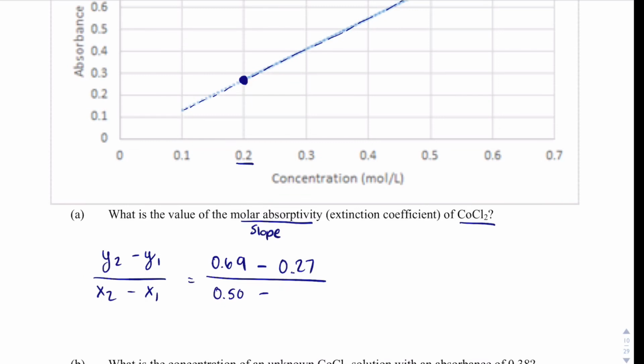And the x value that aligns with 0.27 is 0.2. And I will plug that into my calculator. And I'm going to get 1.4. And here's what's really weird, and I'm not super worried about the units here. The units for y is absorbance, ABS. And the units for x is concentration, which is molarity. So this technically is ABS over molarity.